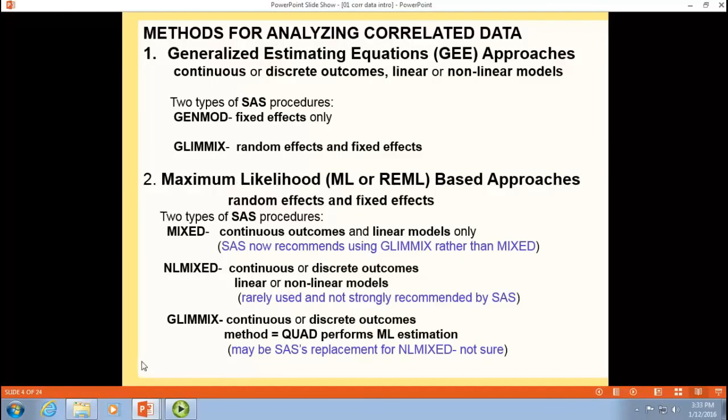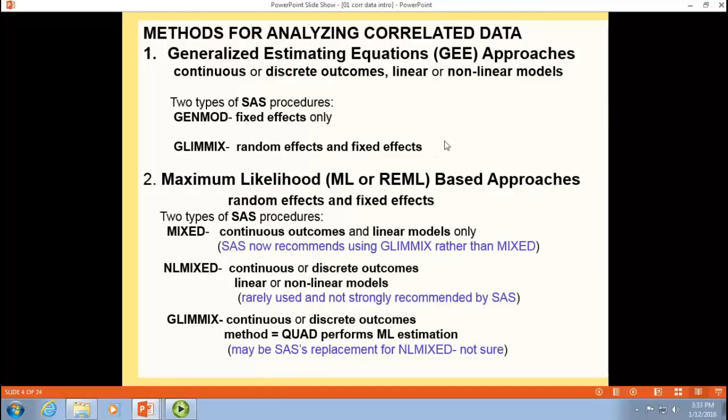The maximum likelihood version is very new, and as I said, it may be a SAS replacement for NLMIXED, and I'm not really comfortable or familiar with this part of GLIMMIX. So the GLIMMIX that we're going to talk about is in terms of the generalized estimating equations approach.